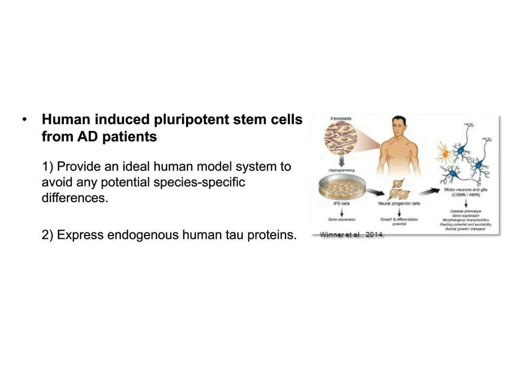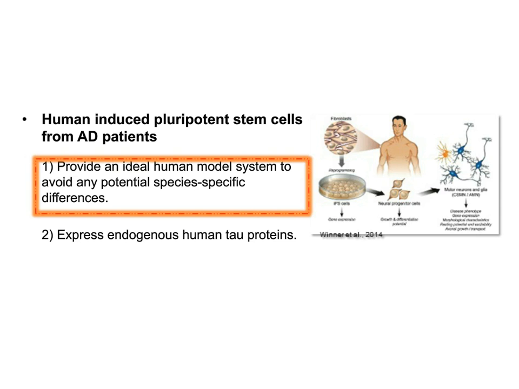Advances in stem cell technology make it possible to generate adult neurons from fibroblasts prepared from Alzheimer's disease patients. So this model, in theory, can provide an ideal human model system to avoid any potential species-specific differences, and of course, the tau would be the human tau forms.